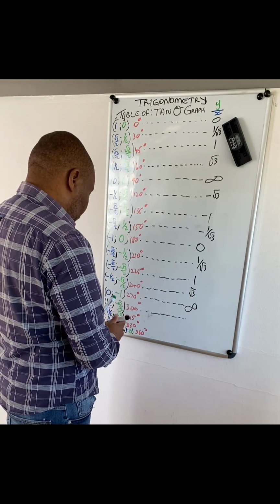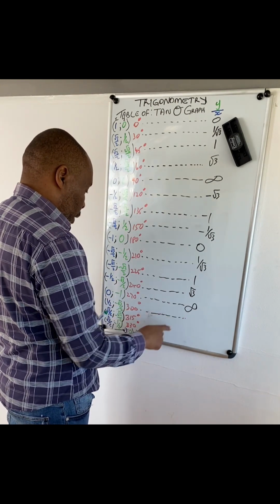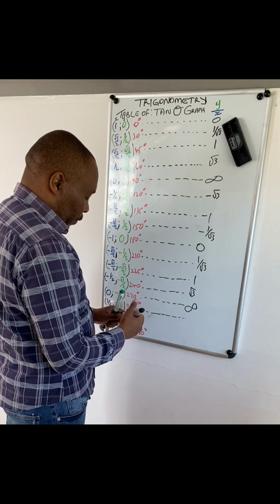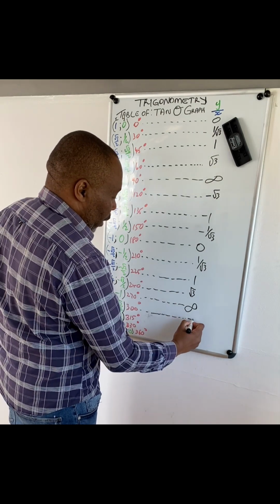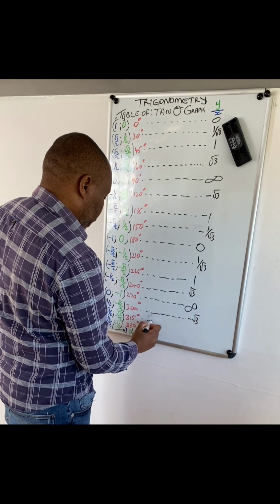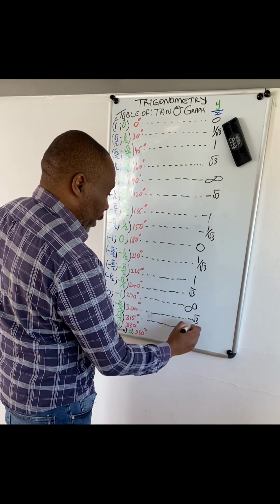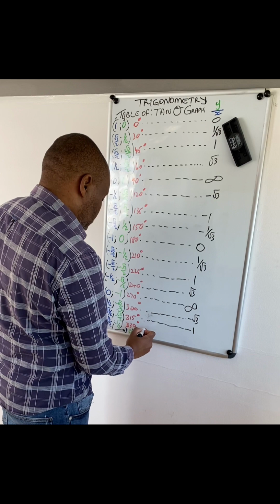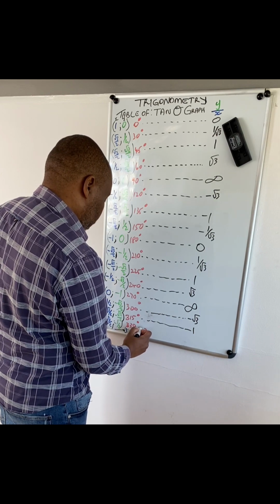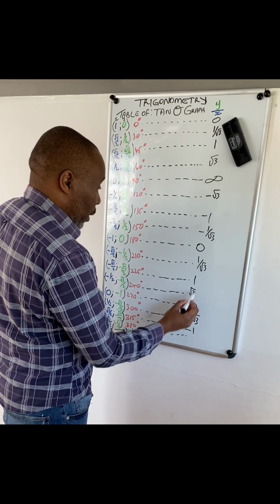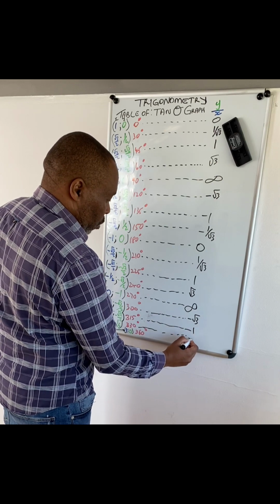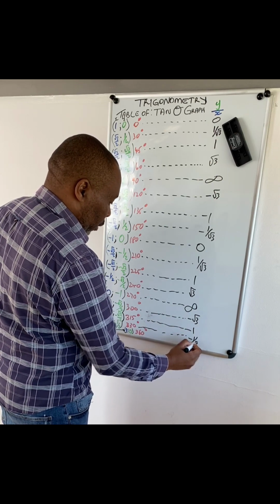So at 300 we still have these values going, so we have a negative root 3. At 315 we have a negative 1. At 330 we therefore have a negative 1 over root 3.